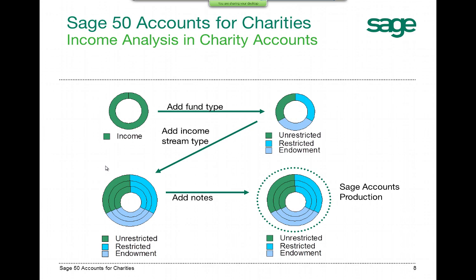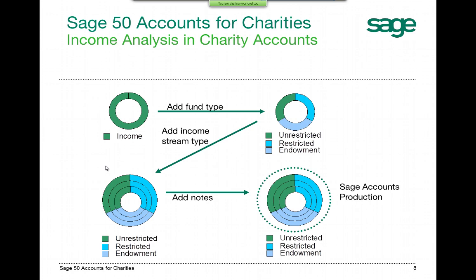And then there's a further degree of complexity from activities. And then finally, additional notes are required to support how income is spent to ensure transparency. So finally, this area is supported through our final accounts production software, so either Sage Accounts Production or Sage Accounts Production Advanced.